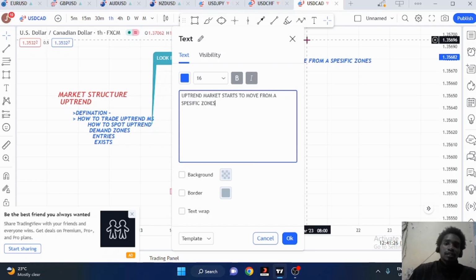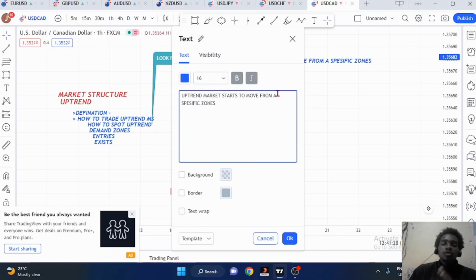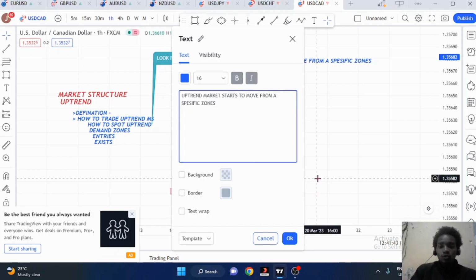The price starts moving towards an uptrend direction from specific zones. And these specific zones are the ones we refer to as demand zones.